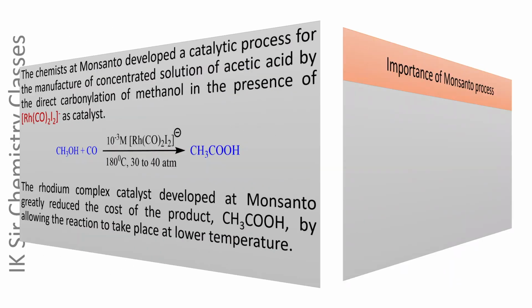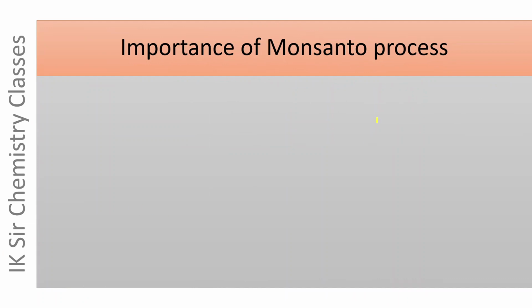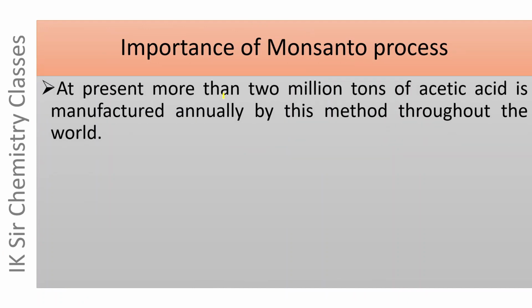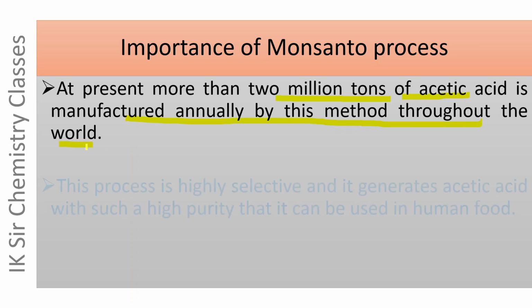Importance of Monsanto process. At present more than 2 million tons of acetic acid is manufactured annually by this method throughout the world.